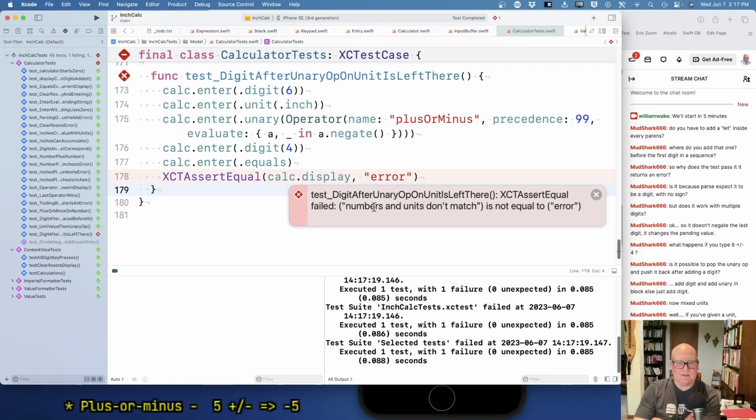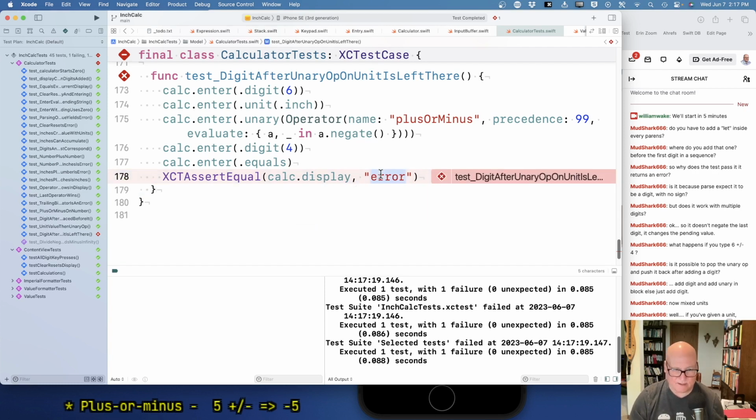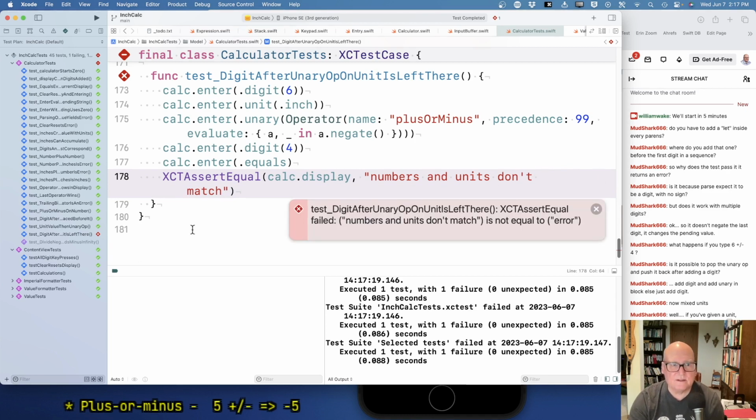Well, that's an interesting... Yeah, that is true. Okay. I guess that's kind of what that error is. You're saying 6 inches 4 and units don't match. Okay, I can live with that.